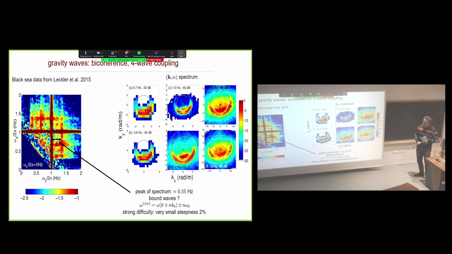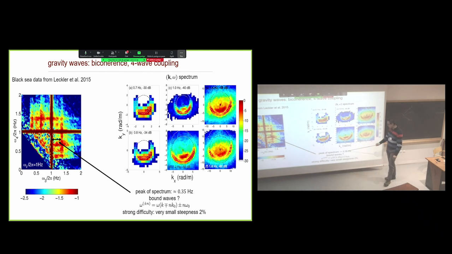And to finish, because I think my time must be over. Yes. We tried to do the same thing with Fabrice's data from Leclerc et al. 2015. When you compute the tree coherence, we get an image that looks very similar to what we get in the lab. We get this cross that corresponds to the trivial case, and then we also get these lines that come from the bound waves, due to the peak of the spectrum.